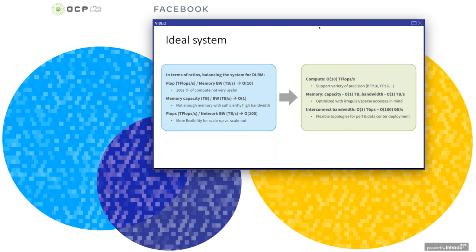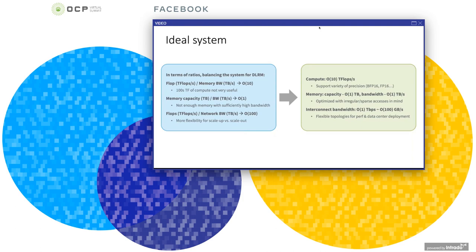And just like we look at the flops to memory ratio, additionally, we should also look at the flops to network, given everything that happens here has to be distributed. So again, if you have a lot of flops, then there should be sufficient network bandwidth to be able to use these flops in a distributed environment and not be limited.